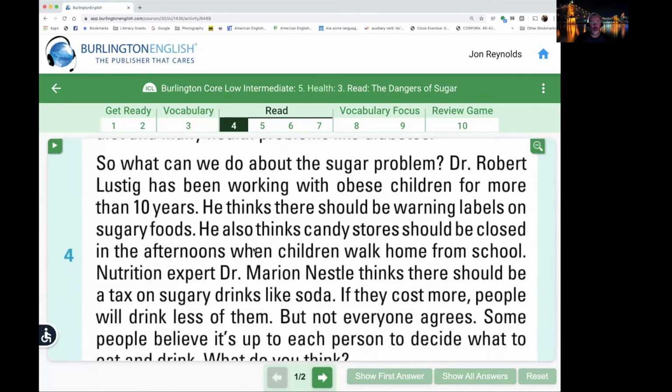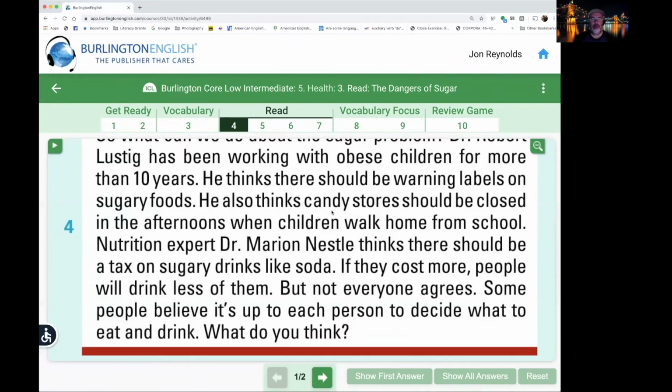So, what can we do about the sugar problem? Dr. Robert Lustig has been working with obese children for more than 10 years. He thinks there should be warning labels on sugary foods. He also thinks candy stores should be closed in the afternoons when children walk home from school. Nutrition expert Dr. Marion Nestle thinks there should be a tax on sugary drinks like soda.